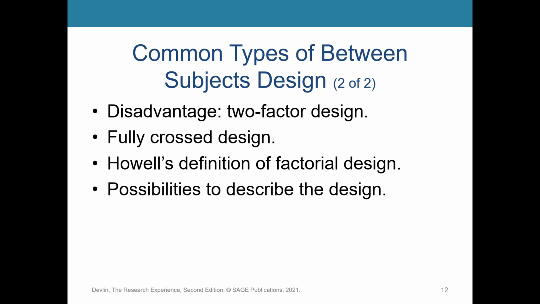Now, there is some nomenclature you should know. So if you have a 3x2 ANOVA, that means you have one independent variable with 3 levels, and you have another independent variable with 2 levels. So keep that in mind as you read through the nomenclature.